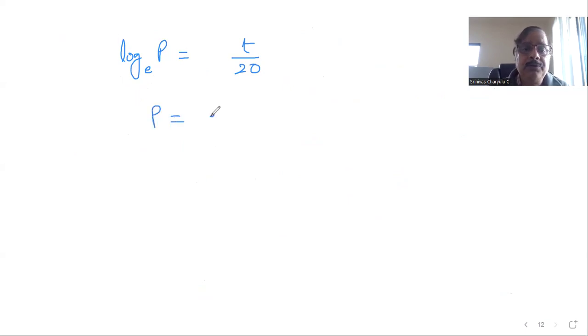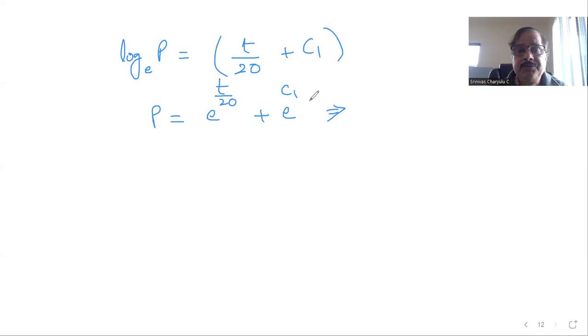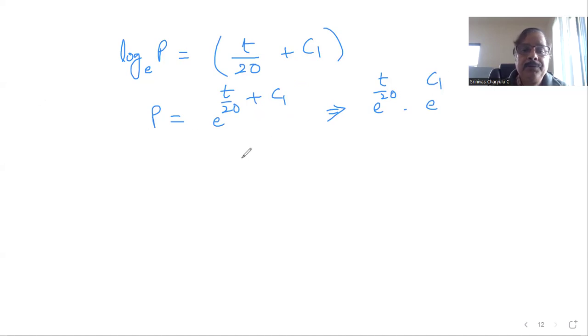So that means P is equal to e to the power of t by 20 plus c1. Applying e to both sides, this becomes e to the power of t by 20 plus c1, which you can split like this: P is equal to e to the power of t by 20 times e to the power of c1. This e to the power of c1 we can call c.